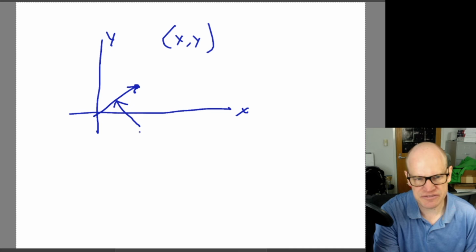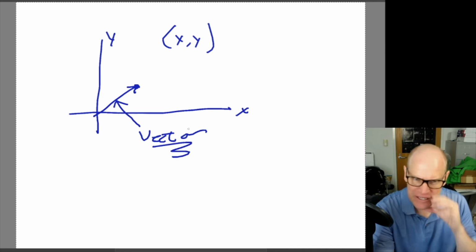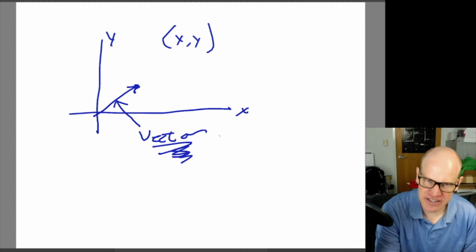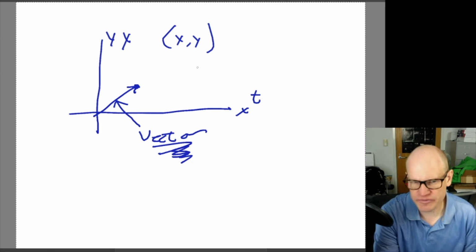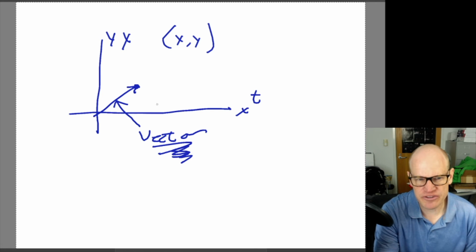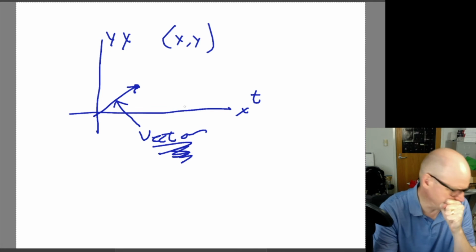That displacement is a vector. In mathematics, a vector is not just a set of ordered pairs. So if you have time and space, like t and x, that can also form a vector. But you can have other things that don't form a vector.